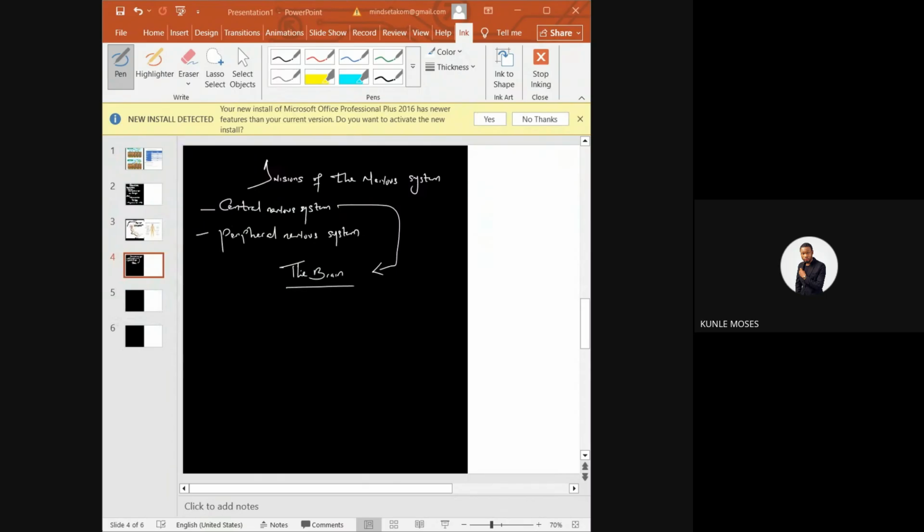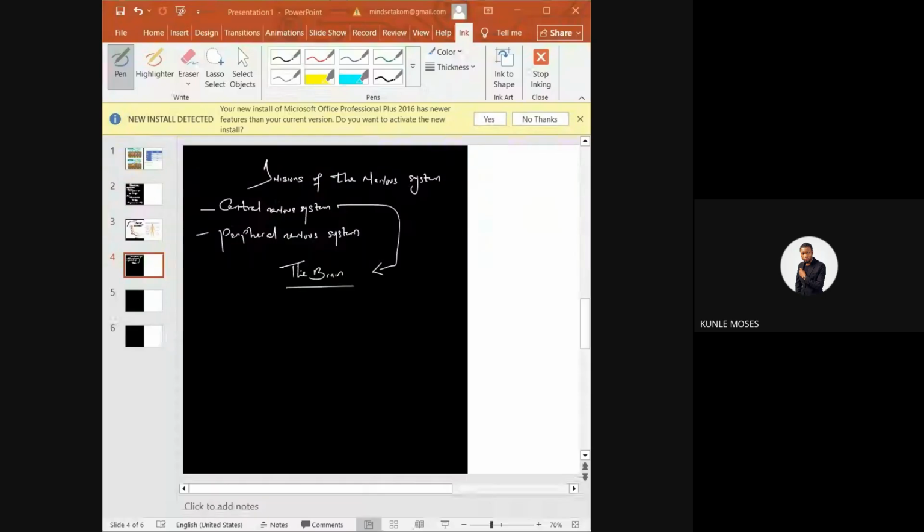And lastly, let me quickly explain what the PNS, the peripheral nervous system, means. Like I said, it consists of all the nerves that are outside the brain and spinal cord. What it does basically is connect the central nervous system to the rest of the body.